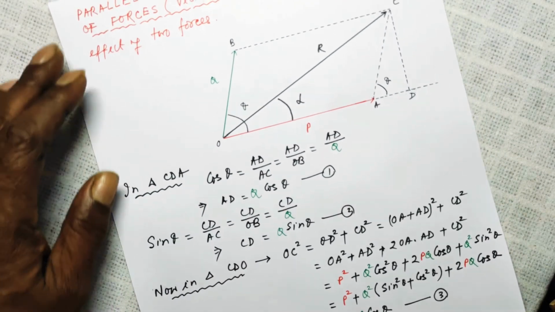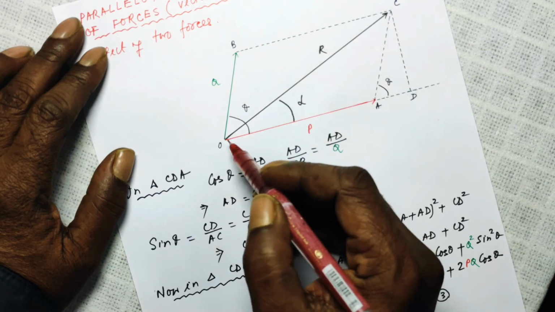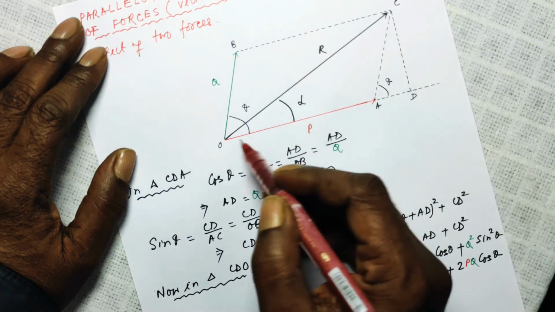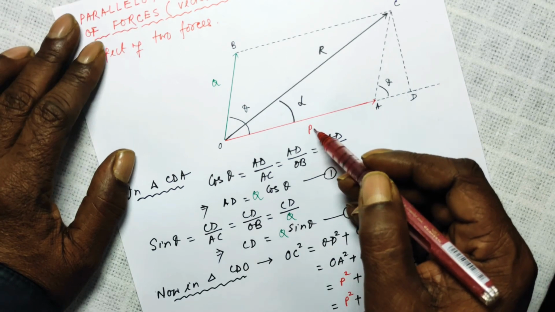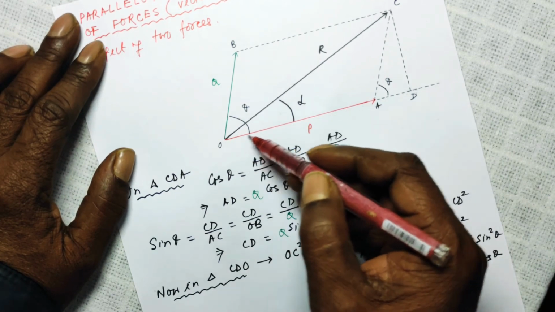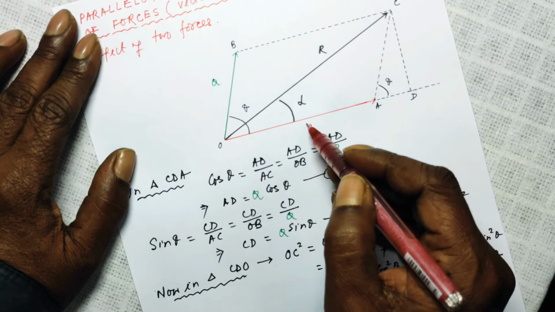Now look at this diagram. Suppose from this point to this point, this line represents a force P whose value is P. Of course, the direction is this way, so I have not put a vector sign here.